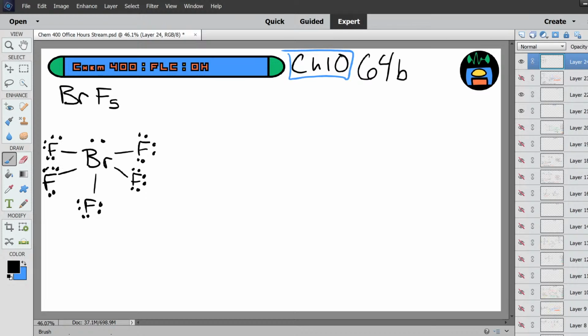And it always takes a while to draw all the lone pairs. Now, our hybridization here, let's take a look. We've got 5 atoms, 1 lone pair. So that's 6 electron groups.